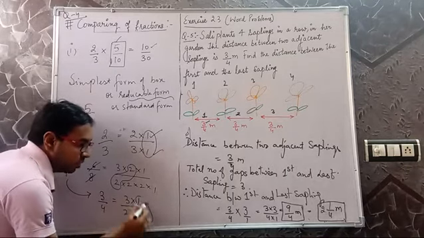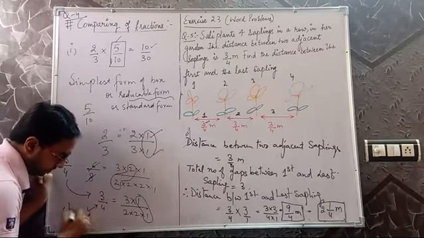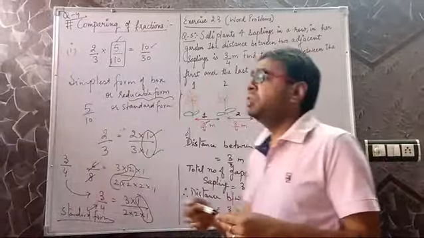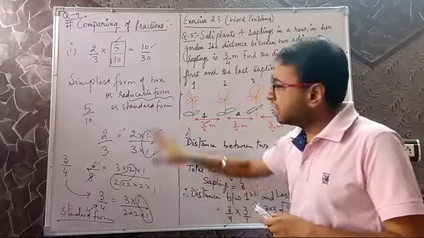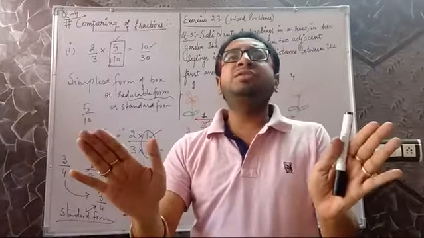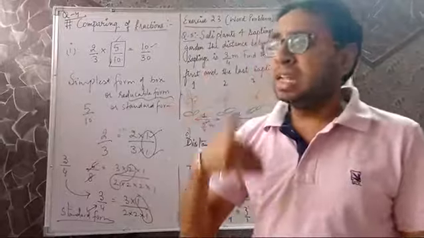Except 1, nothing is common. That is why it is known as standard form. In short, they must not be reduced further. Okay, that is what standard form is. Are we clear? With this, in multiplication of fractions, till exercise 2.3, we have completed every question. Okay, next we'll be doing division.